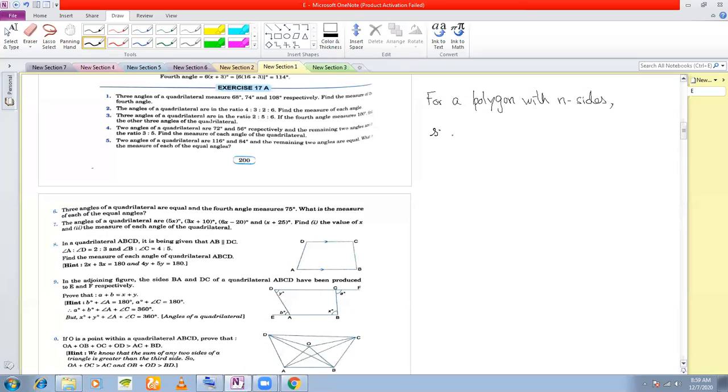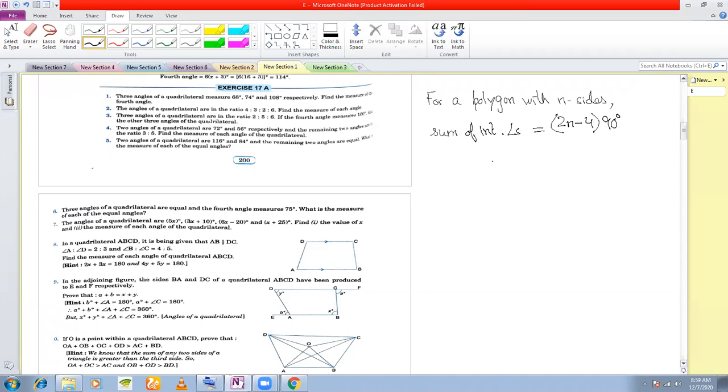The sum of interior angles of a polygon with n sides is (2n minus 4) into 90.